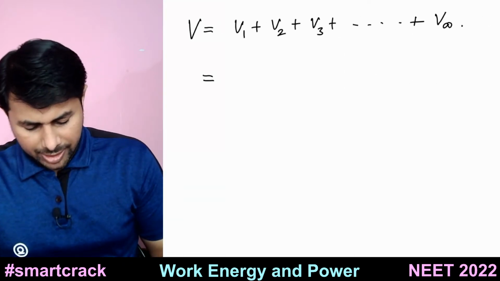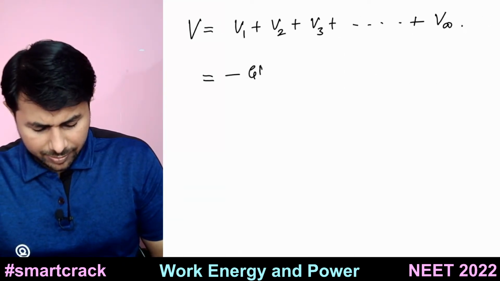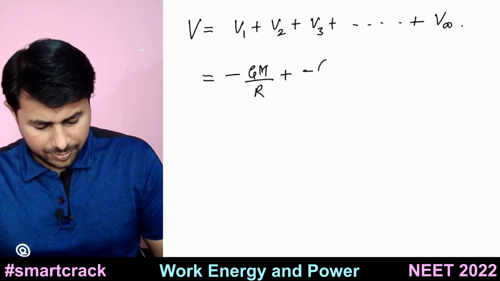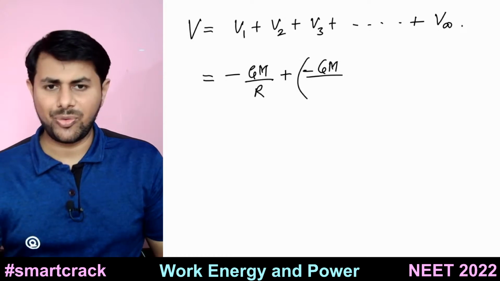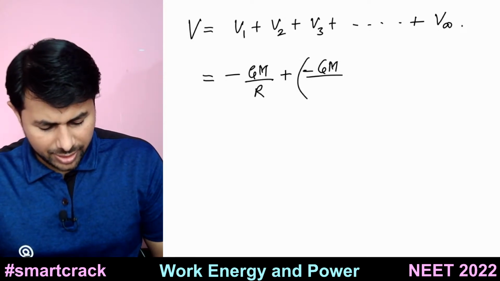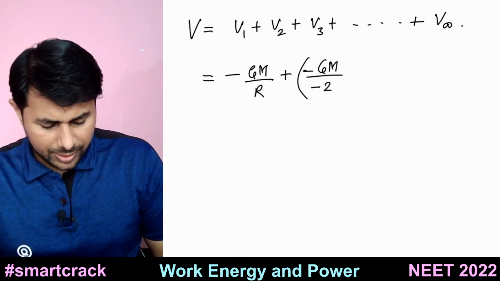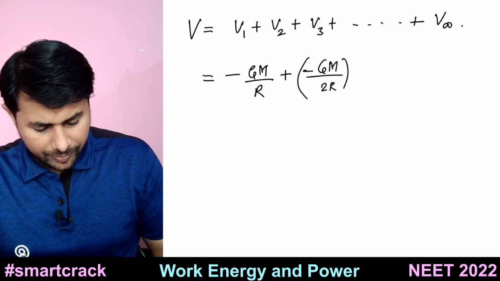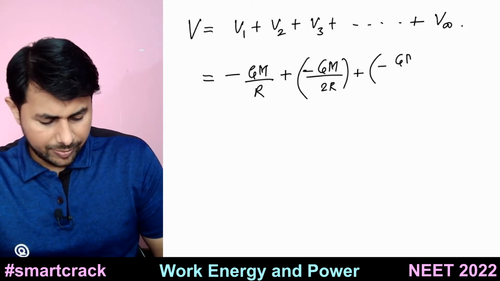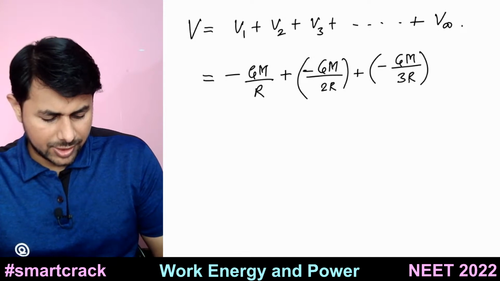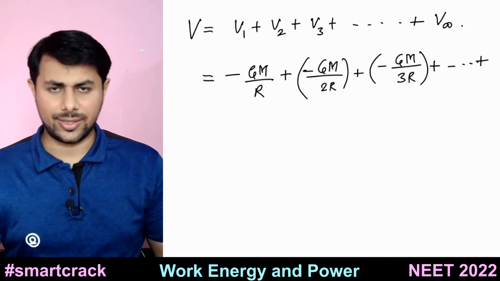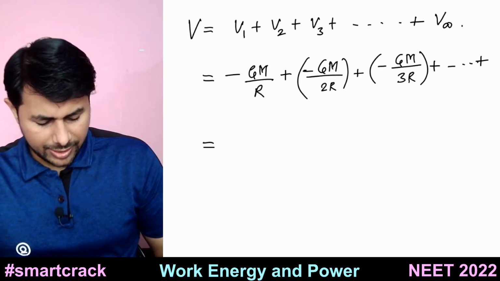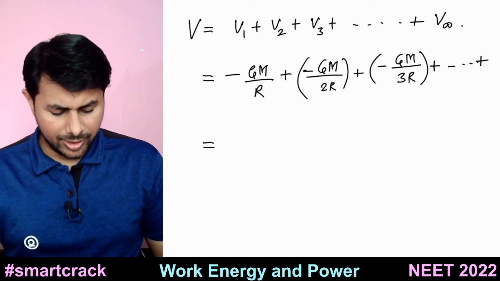So this can be written as minus Gm over R plus minus Gm over 2R plus minus Gm divided by 3R, because distances are increasing. So what can we do here? We can take minus Gm over R common.